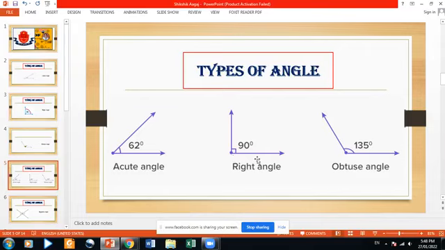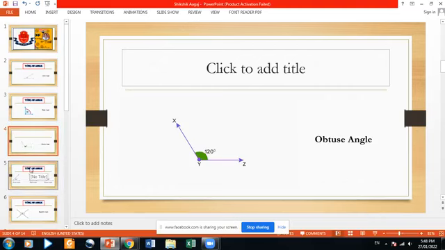Don't just guess. Here you can easily tell the people that this is an obtuse angle, because the other ray is more than the vertical side. So this is anti-clockwise. You can read or you can measure. Now we'll proceed to the next.